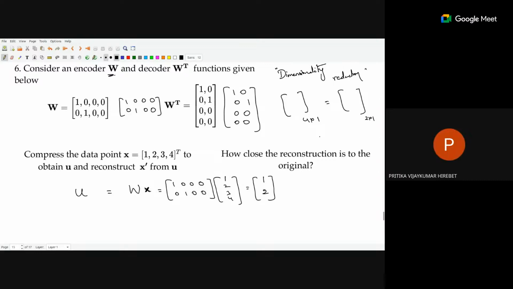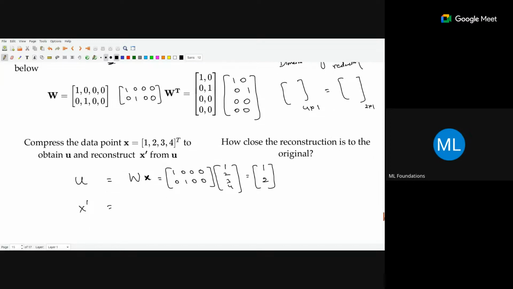Okay. So now if I have to reconstruct back, what should I do? I want x prime again. I will multiply with the decoder matrix W transpose. I have a 2 cross 1 matrix with me, and I want a 4 cross 1 matrix.